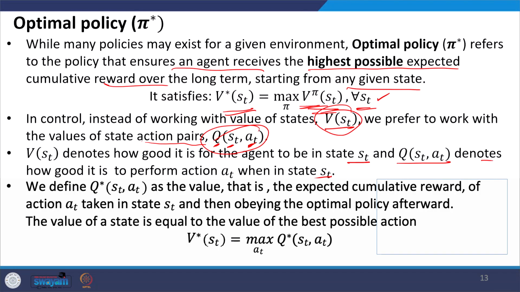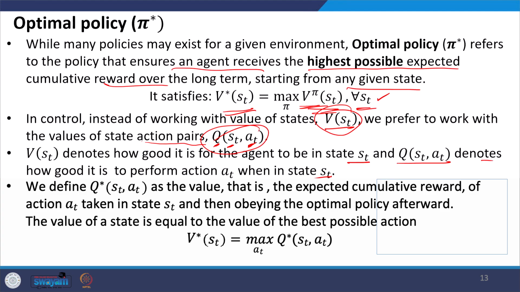We define Q star (s_t, a_t) as the expected cumulative reward of action a_t taken in state s_t and then obeying the optimal policy afterward. The value of a state is equal to the value of the best possible action. This is how it can be expressed.